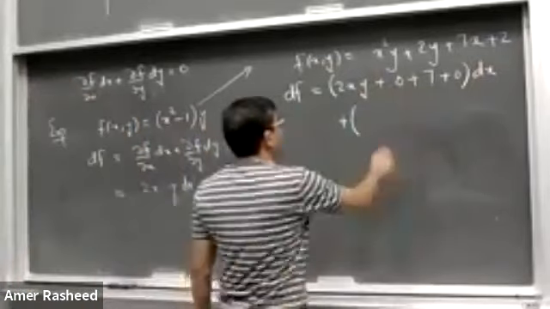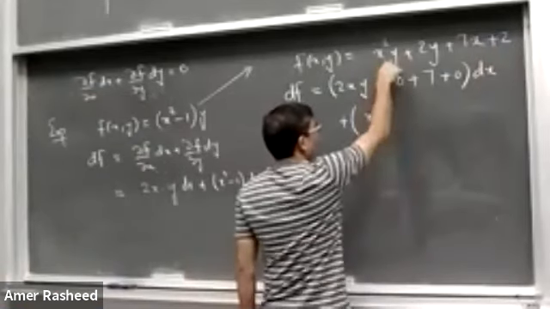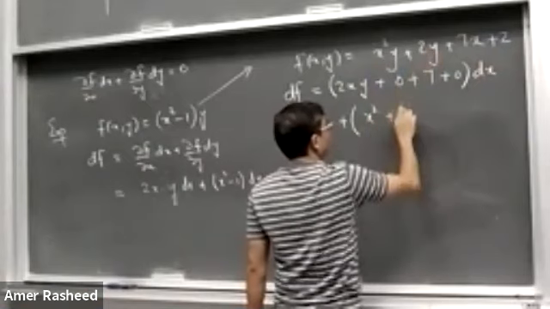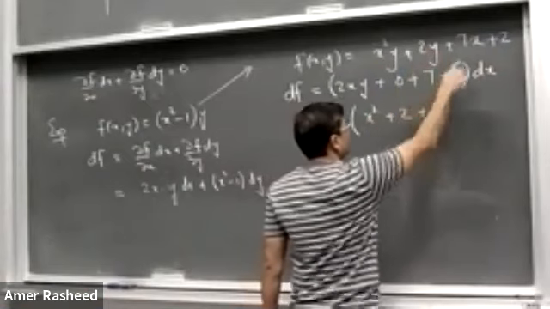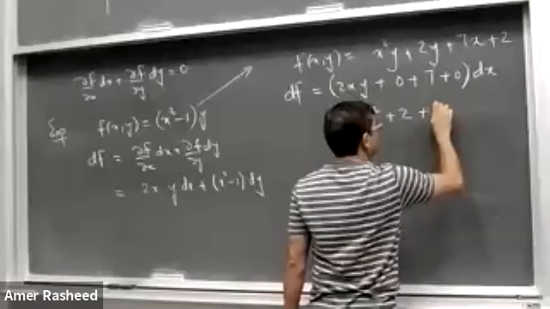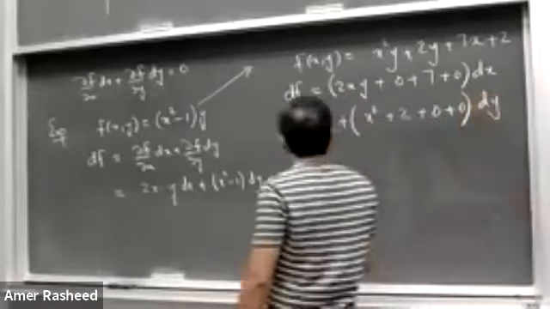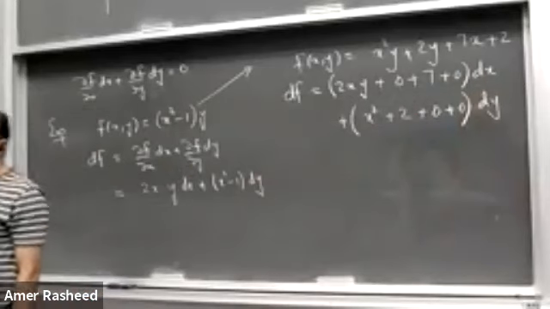So it becomes x squared, the derivative of y is 1, plus 2y, the derivative of y is 1, so we have 2 here. Here we have x, and here we have 0 because of the constant. So this is the differential of this function.